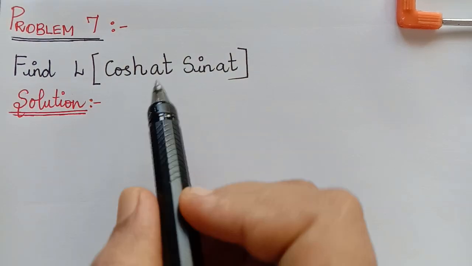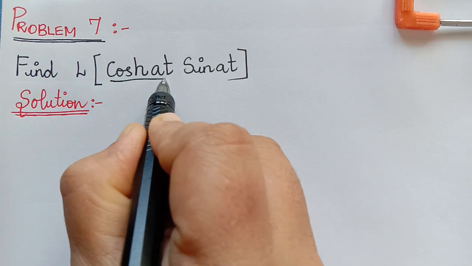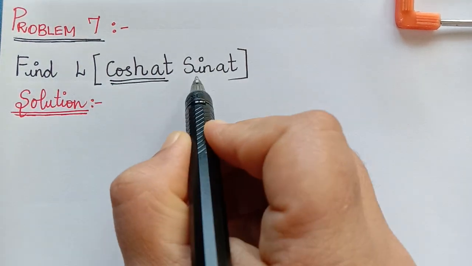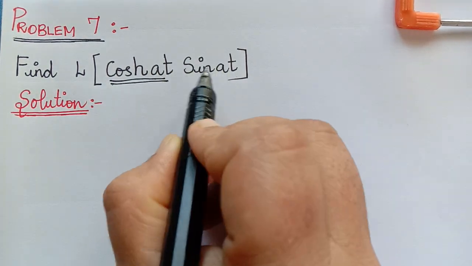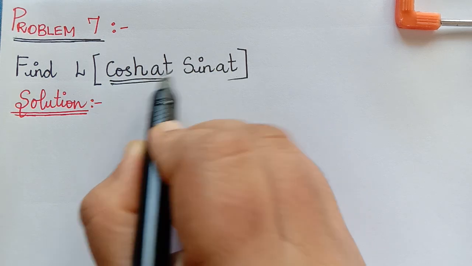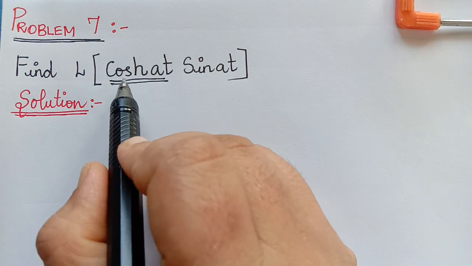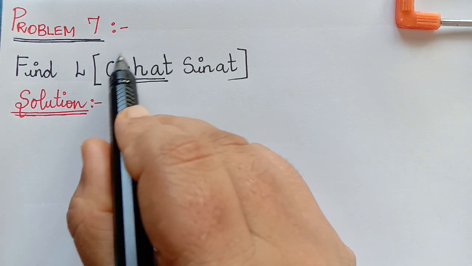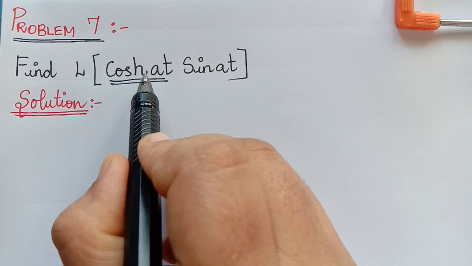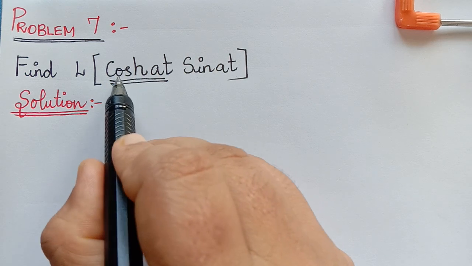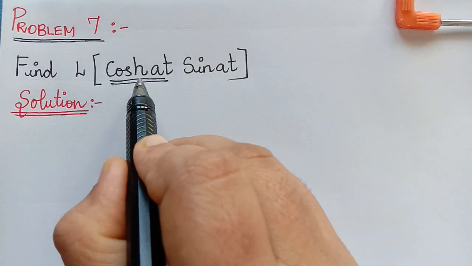For that, first if you see, this is cosh at and this is sin at. We do not have trigonometric formulas for the product of these two, but we can recollect that we have the hyperbolic formula in terms of exponentials. So by using that, we can rewrite this cosh at.